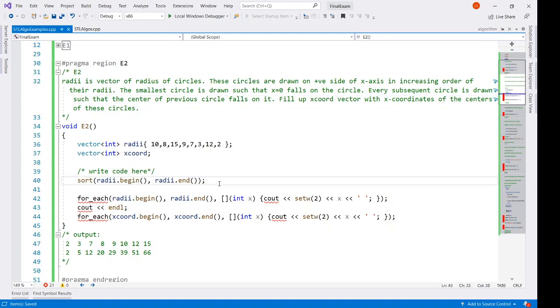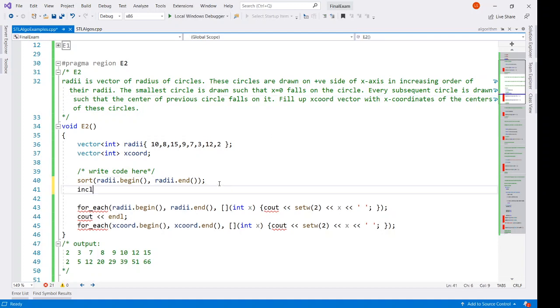So we can use the inclusive scan algorithm for the whole vector. We want to run inclusive scan on the radii vector. Please ignore these squiggles, I don't know why they are still around. It is fine. And we want to fill the destination as the x coordinate vector.